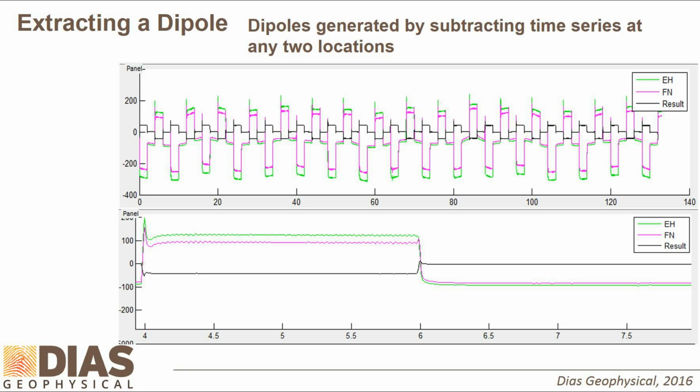How do we extract dipoles? We're just measuring time series for each individual electrode against the common voltage reference. You can then extract as many dipoles or as few as you want. You can pick any two electrodes and subtract them, and you generate a dipole. So here's an example of two electrodes.